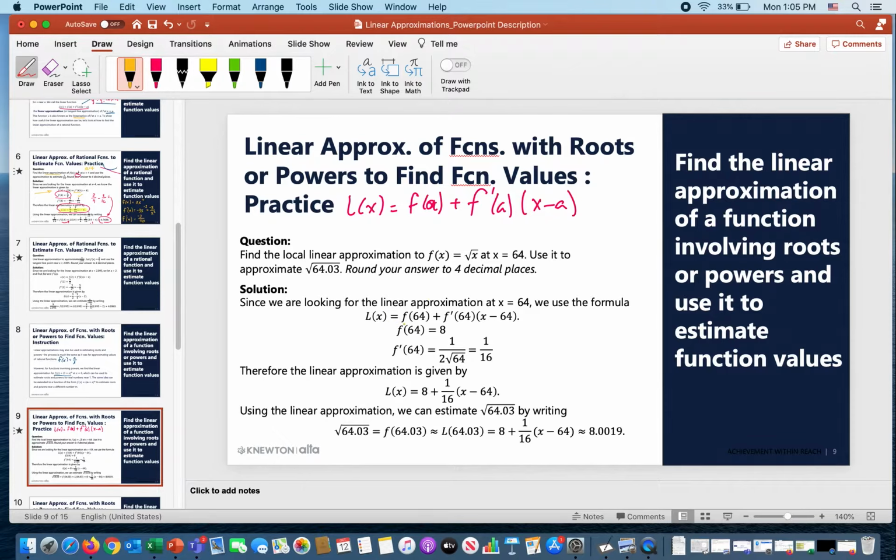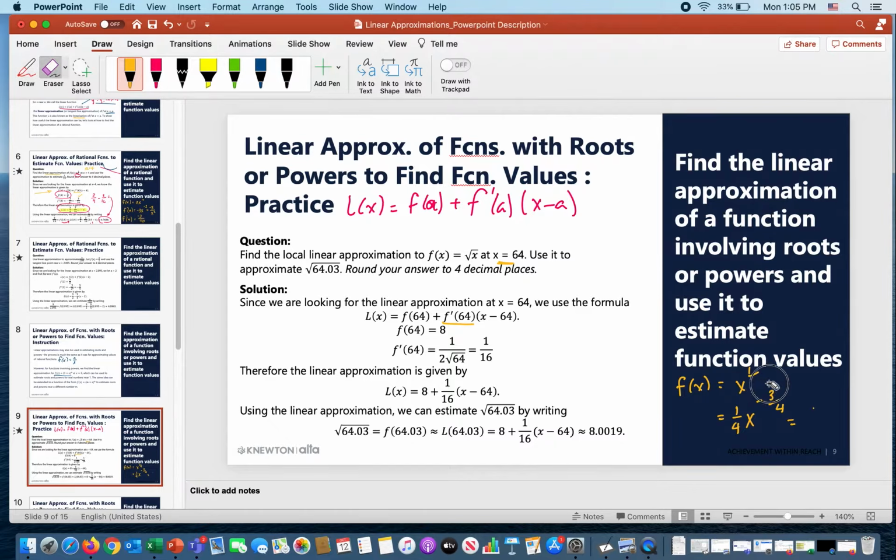You can see f of 64, because we're looking at x equals 64. I need to find the derivative at 64. Recall that the square root of x can be written as x to the 1/2. Sorry, I said 1/4.